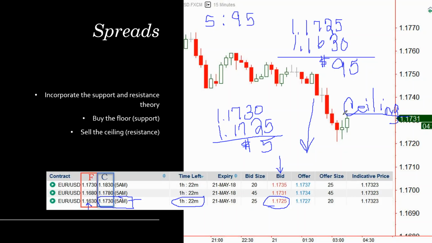And again, you believe that this area is going to act as resistance to push price down. Does everybody understand that? Are there any questions on this concept? Because this is what spreads are all about, and it's a great strategy for trading support and resistance.